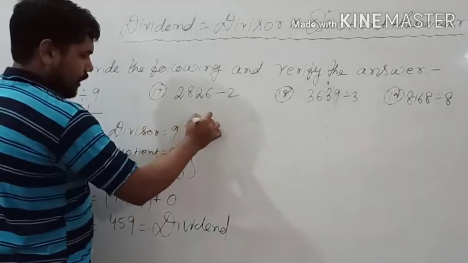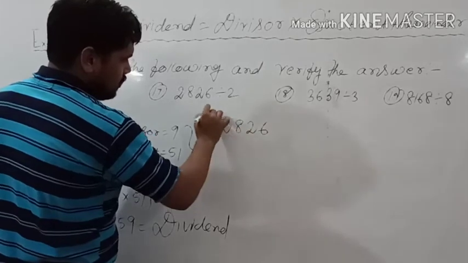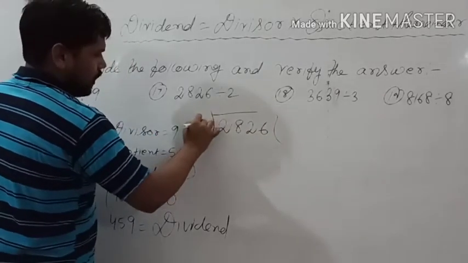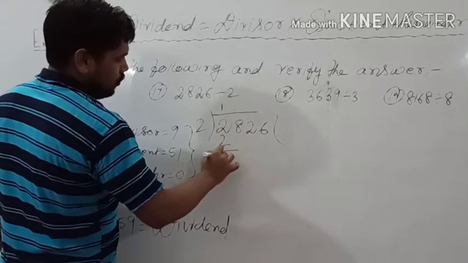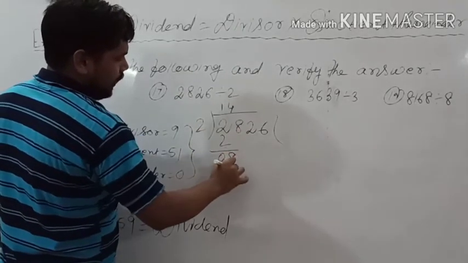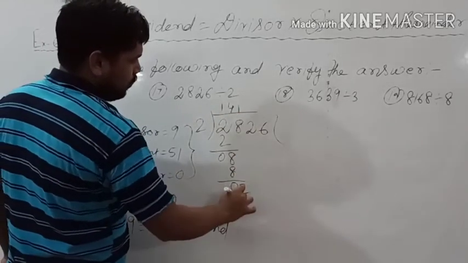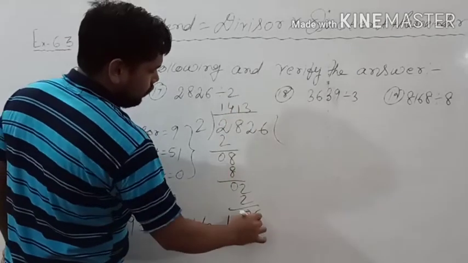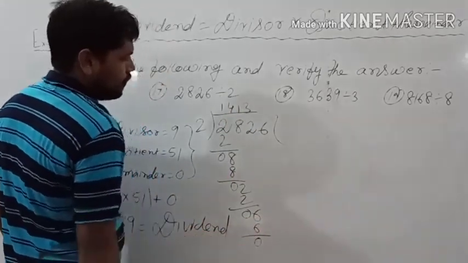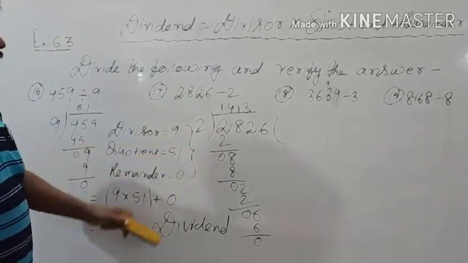लेट अस सी वन मोर हियर. 2826 divided by 2. So 2 1s are 2, 0. 8, 4 2s are 8. Okay, 0. 2, 2 1s are 2, again 0. 6, 3 2s are 6, 0. So here the quotient we get is 1413 and the divisor is 2.